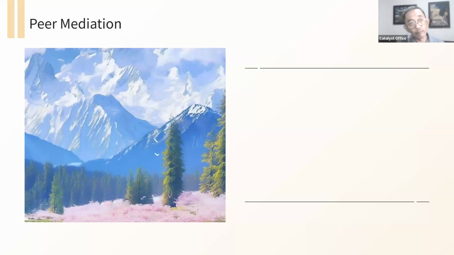Peer mediation. What does this mean? In the classroom there are what we call the school class officers. So they are elected because they are trusted. And there's a certain level of maturity that is expected of them.